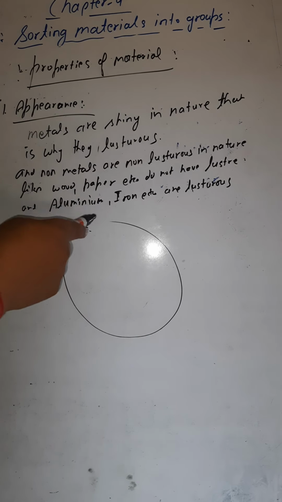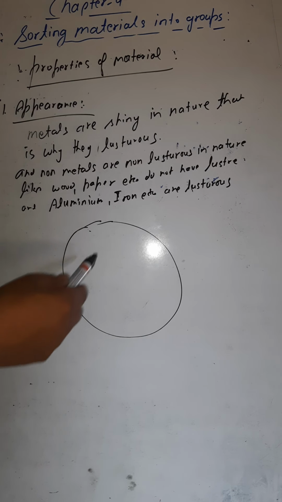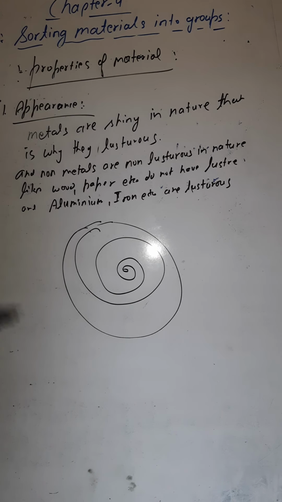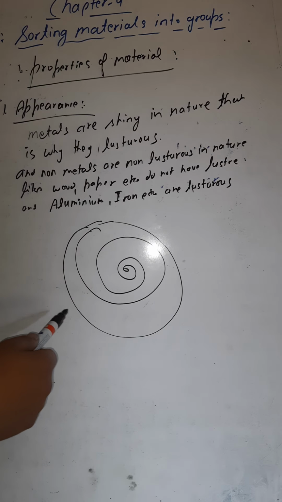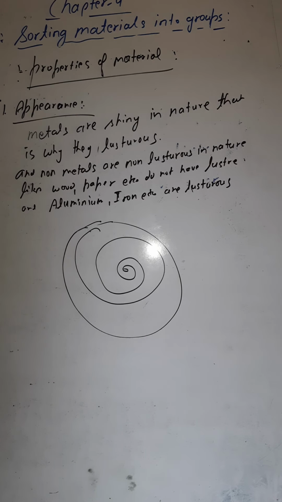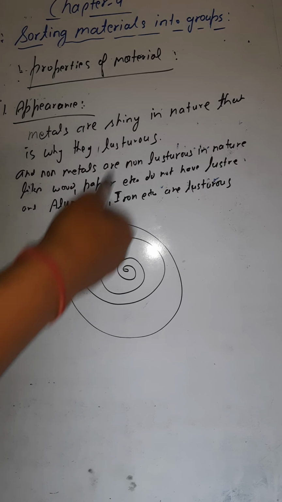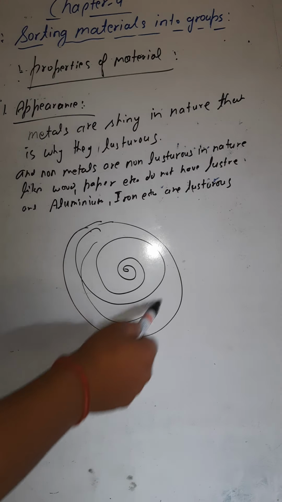But later, after 2 or 3 years, it gets eroded and becomes blackish in nature. Like the pots at your home, which are made up of copper. At first they are shiny, but later, due to the reaction with the air, they get eroded and become blackish in nature.